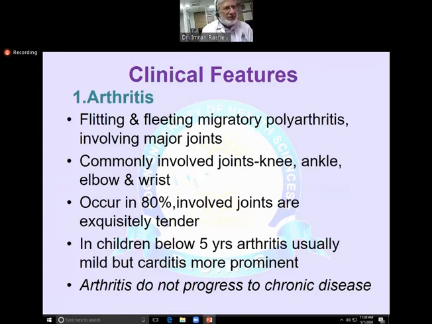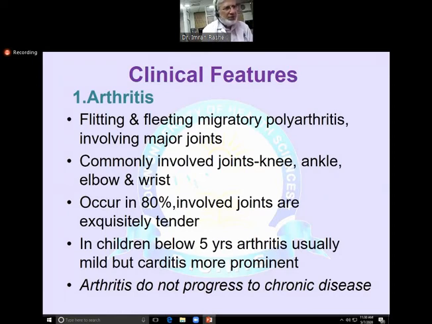So this type of migratory polyarthritis, where one joint is affected first and then it gets better and then another joint gets affected, is very typical of rheumatic fever.